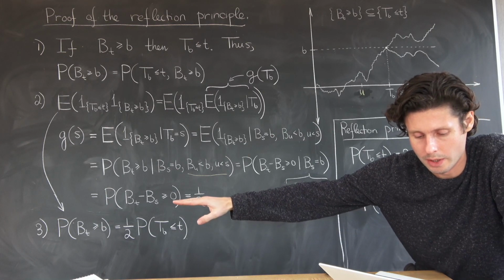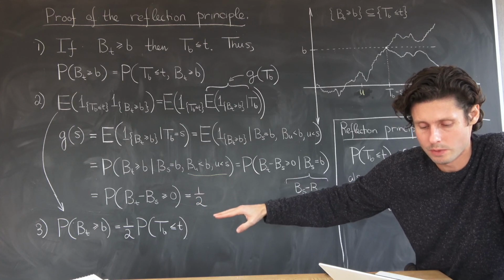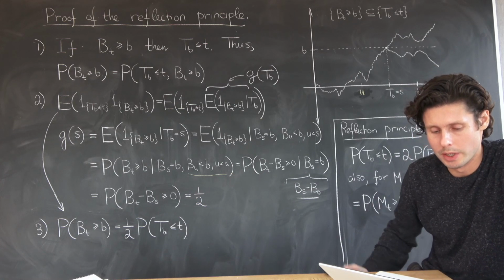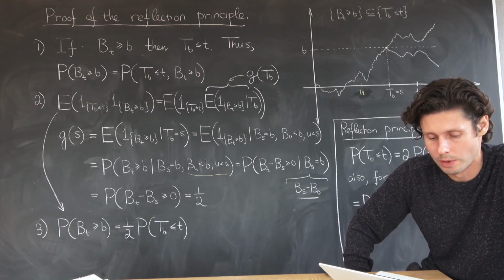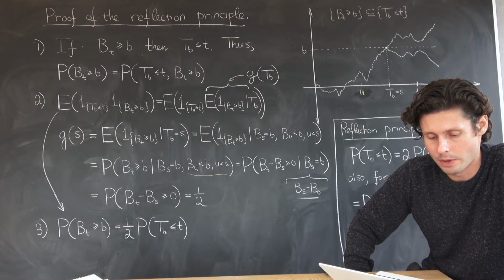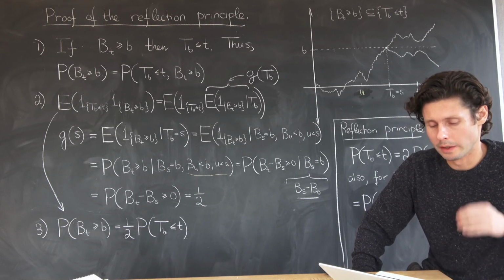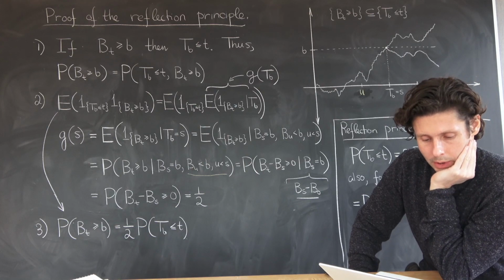What's the probability that a mean zero normal random variable exceeds 0? Well, it's 1/2. Half the probability is on the left. It's a symmetric distribution. The normal distribution is symmetric, and so it's equally likely to be on one side or the other.